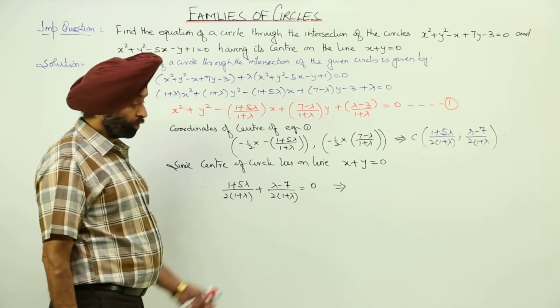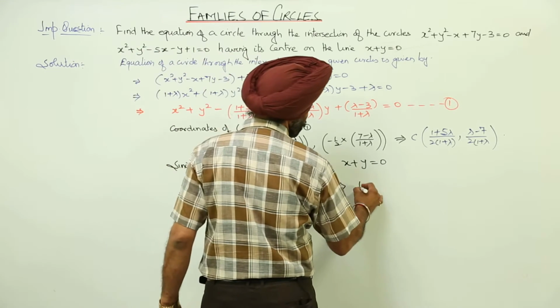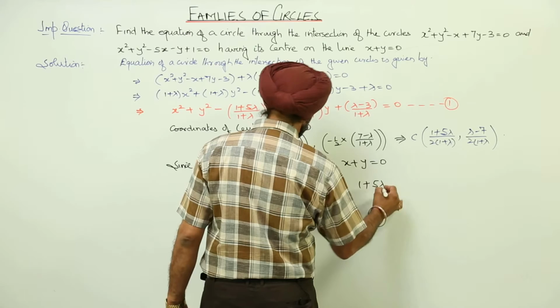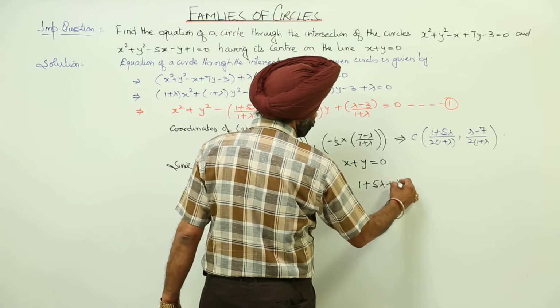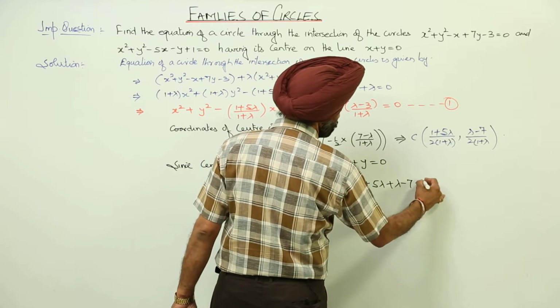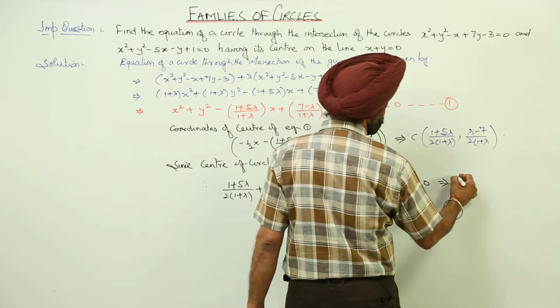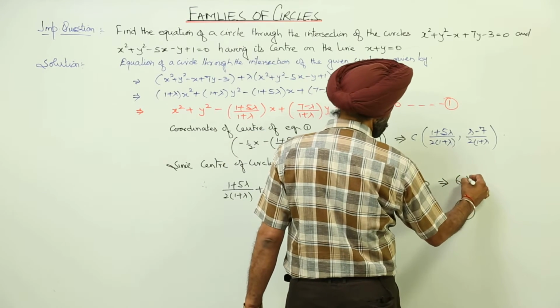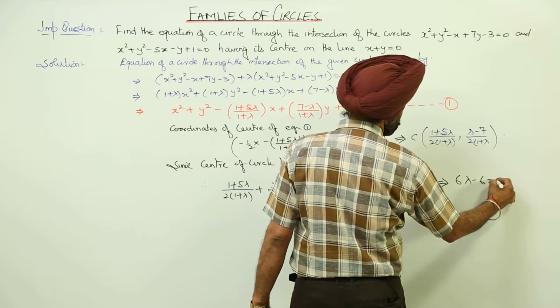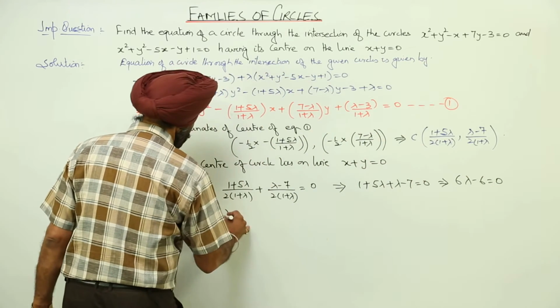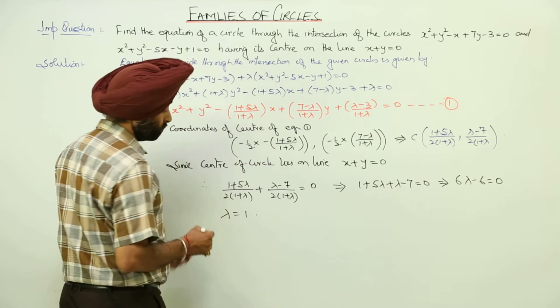Now, on solving, denominator is same, so we have 1 plus 5 lambda plus lambda minus 7 is equal to 0, and this becomes 6 lambda minus 6 is equal to 0, and lambda is equal to 1.